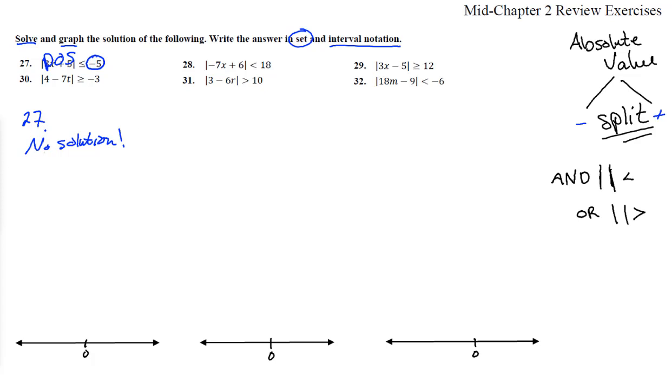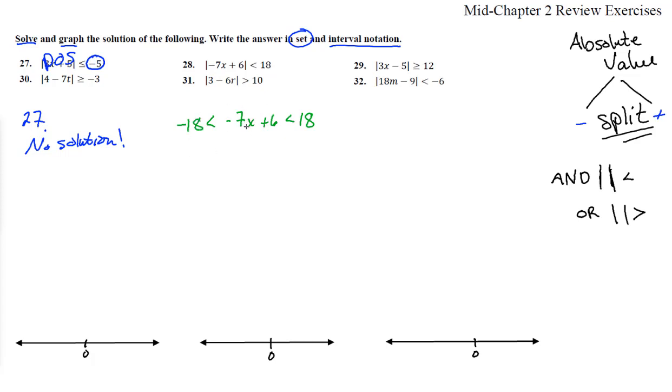All right, number 28. Here we have the absolute value of negative 7x plus 6 is less than 18. When the distance is constrained by a number, is smaller than a number, then it is an AND statement because it must stay in there and cannot shoot off to infinity. So negative 7x plus 6 is less than 18 and bigger than a negative 18.